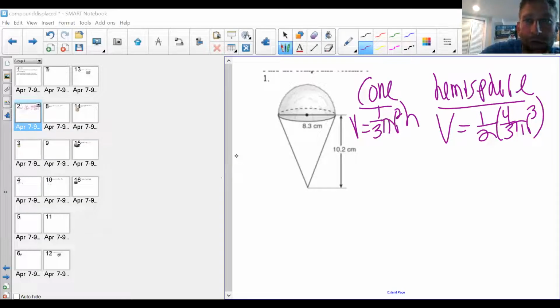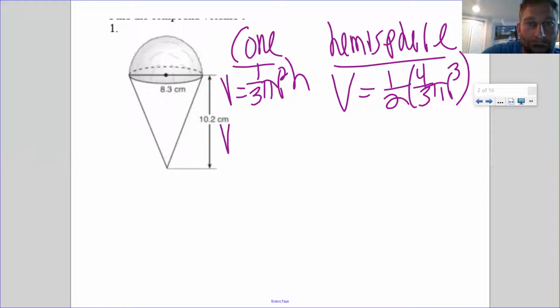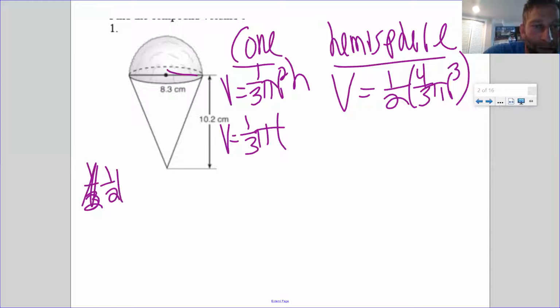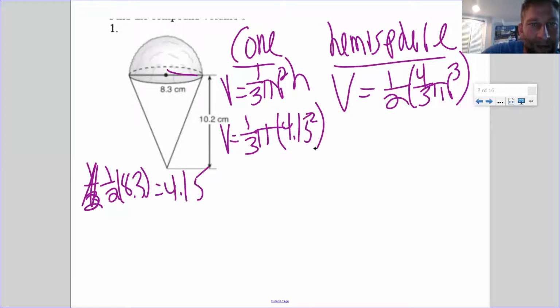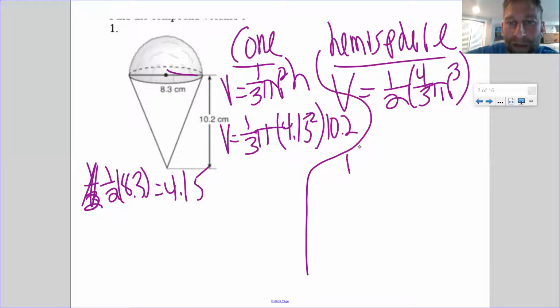All right, so the radius of the cone is half of the diameter, which would be half of 8.3, which is 4.15. The height of the cone is 10.2. And then for the hemisphere, the radius is also 4.15.